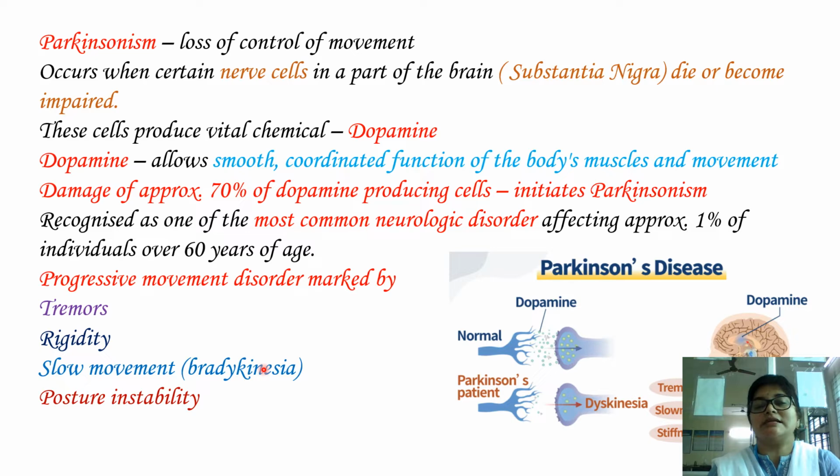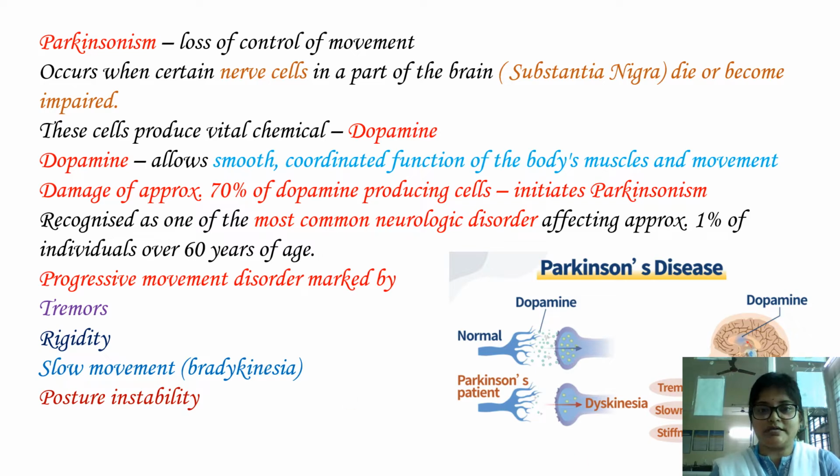When the cells in the substantia nigra degenerate, they do not produce dopamine in sufficient amounts. If 70% of dopamine-producing cells are damaged, it leads to Parkinsonism, causing tremors, rigidity, postural instability, and bradykinesia.